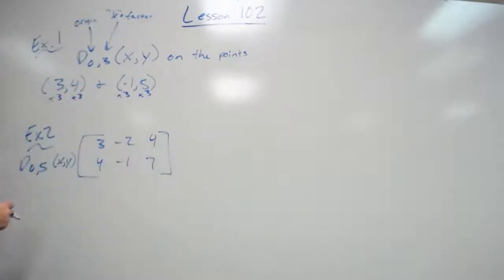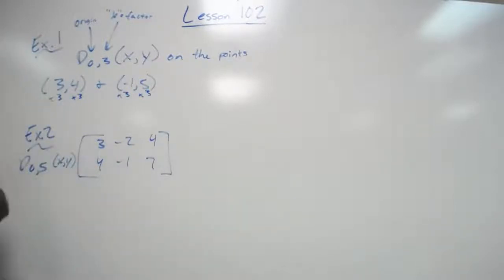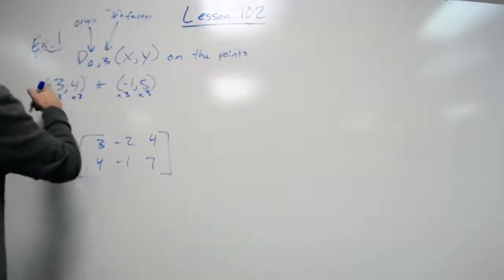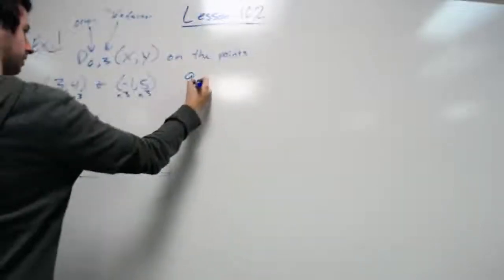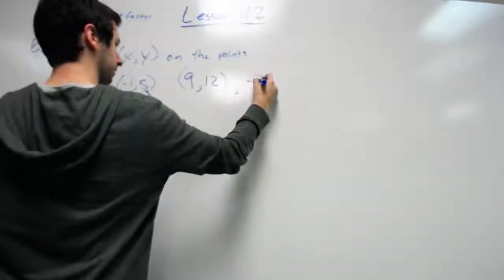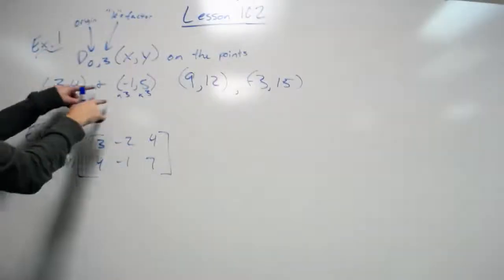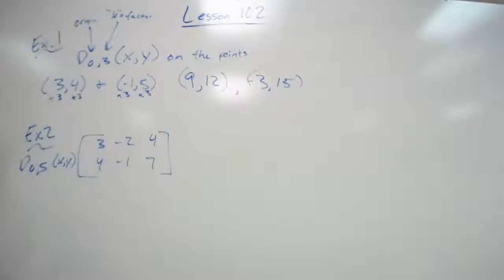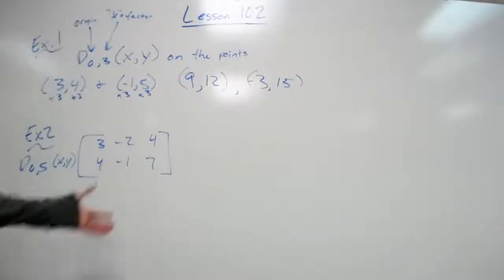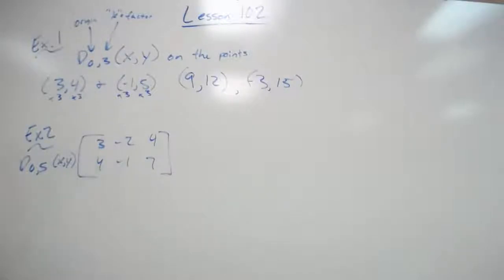So when I write the dilation of coordinate (3, 4), I would do 3 times 3 and get 9. 4 times 3, 12. And then I would have (-3, 15). I simply multiplied 3 to each of the numbers.